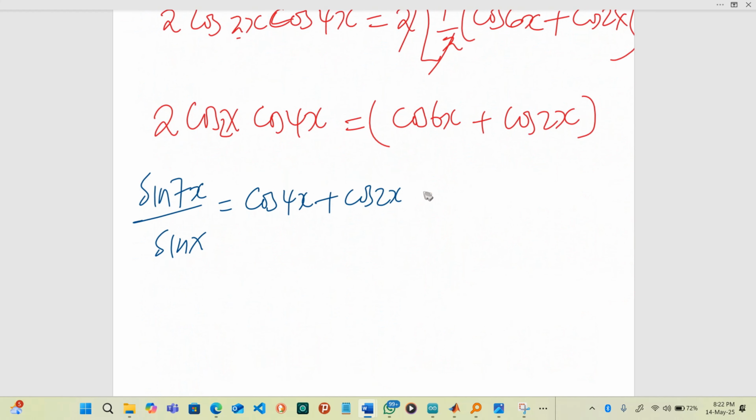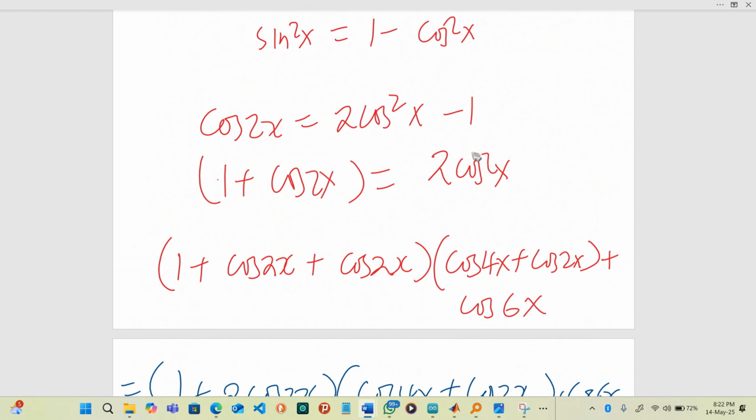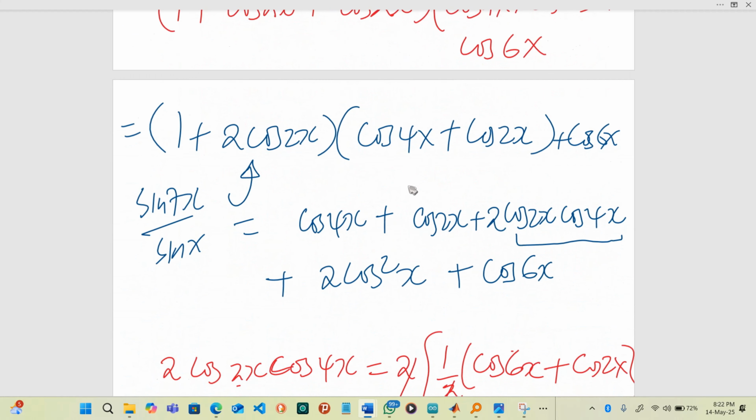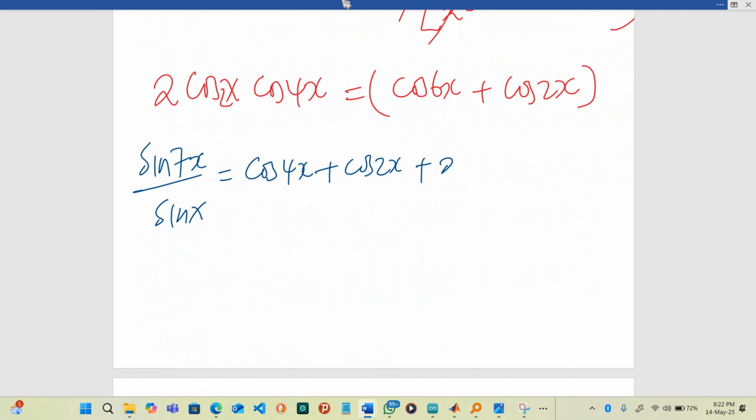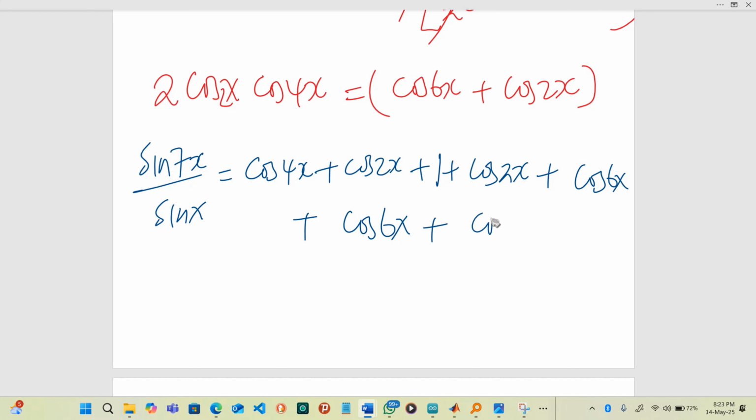So that means I'll just have 1 plus, remember from up here, 1 plus, we shall have 2 cos squared x, plus cos squared x, which we said is 1 plus cos 2x. Now remember, we have to add the cos 6x.